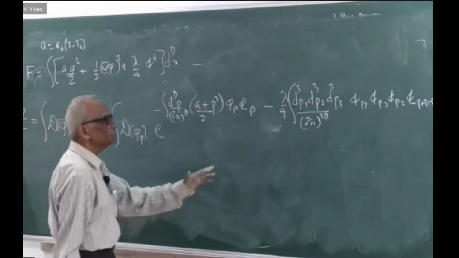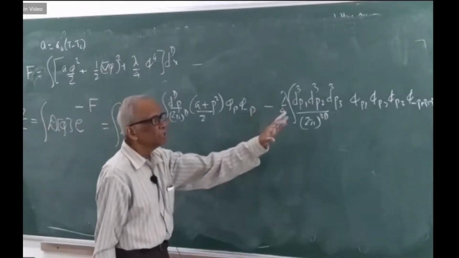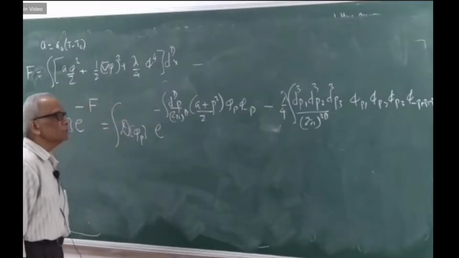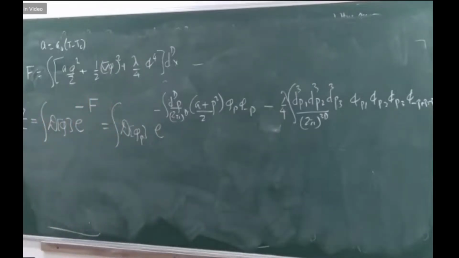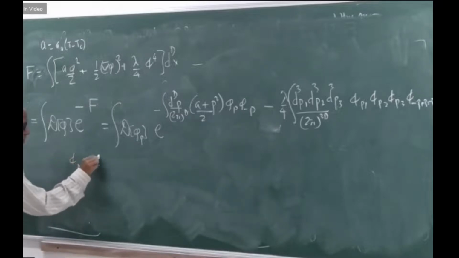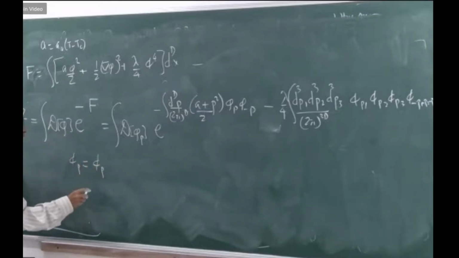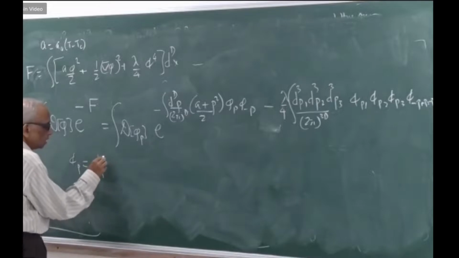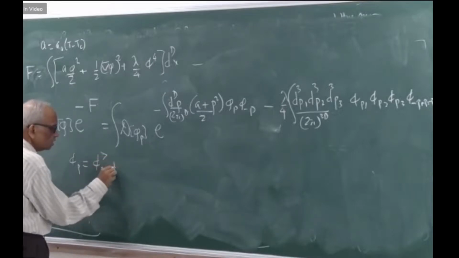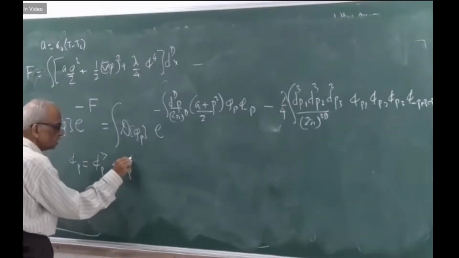That is, if I assume that lambda is small, that will not work, and that is why we went through this whole business of saying that phi p is phi p greater plus phi p less.